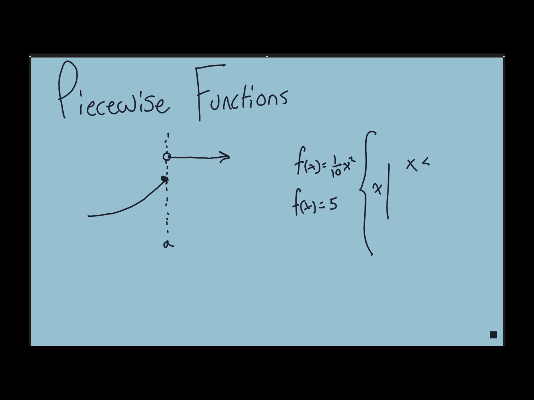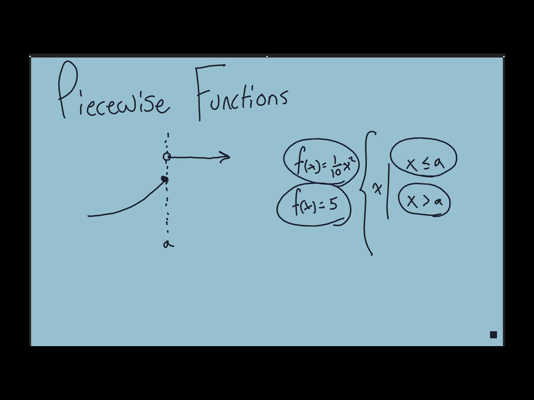Okay, and then on the right side, I don't want to get rid of that one. It's that x is greater than a on this side of the function. So what we're doing here is really we're just trying to say when you're greater than a, this is the function we use. When you're less than or equal to a, this is the function we use.